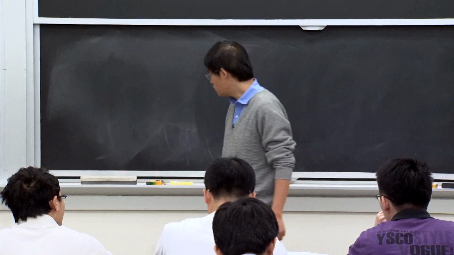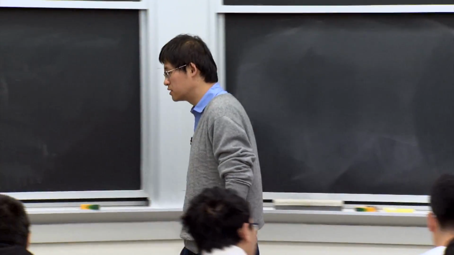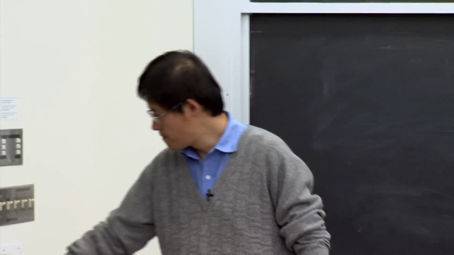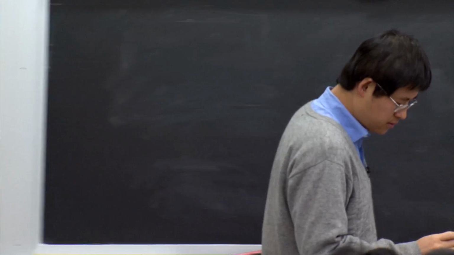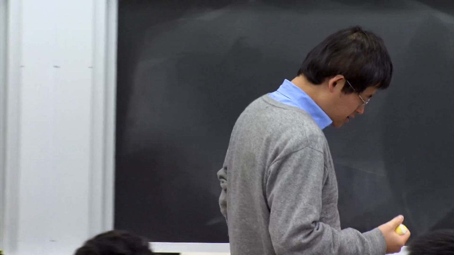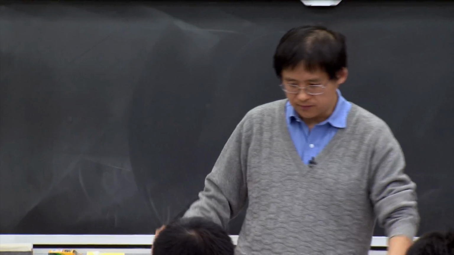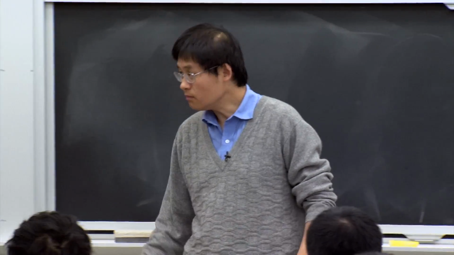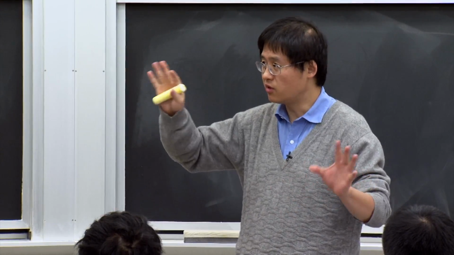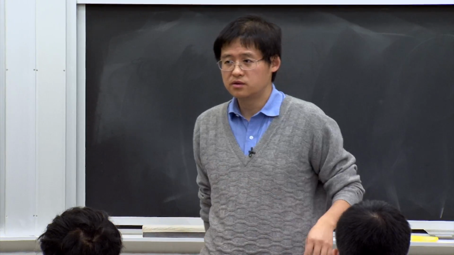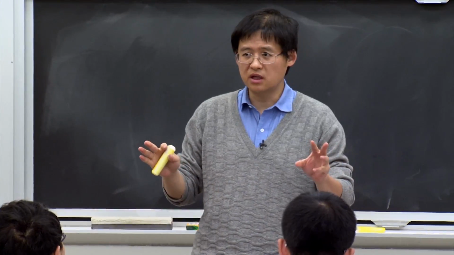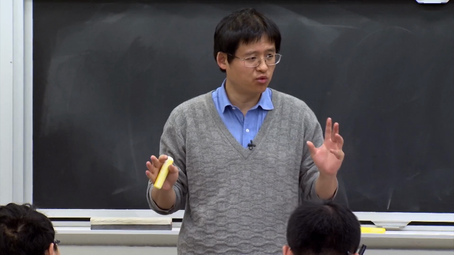Good. So now let's talk about some further aspects of the duality. Once you realize there is such a relation, since the two sides are completely different objects, the game is that you really have to do lots of guesswork.